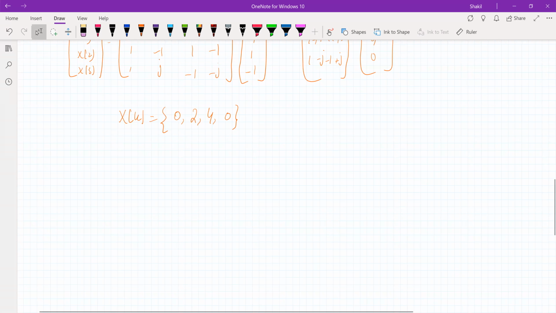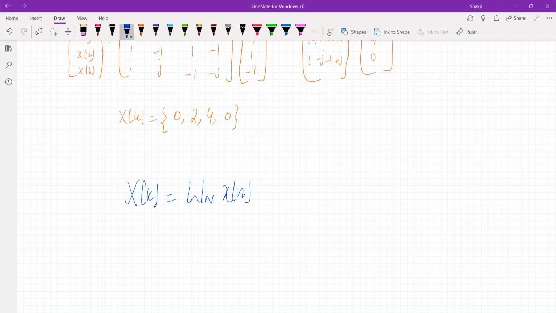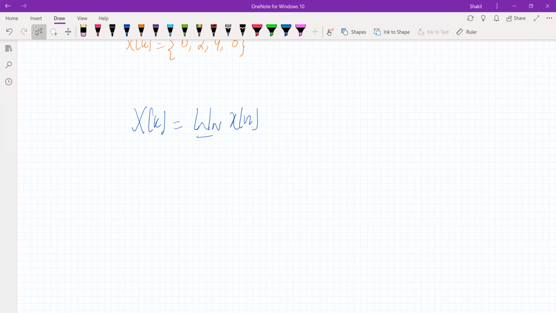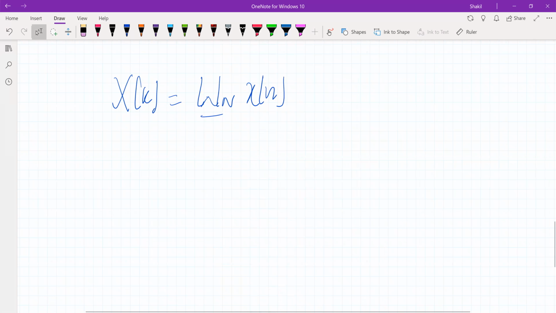So what we have got here, we said x of k is simply W_N times x of n. What's W_N? This is an array of terms, and in general, let me write the general expression of W_N for any order N. W_N is like this array. It will be W raised to the power 0, which is always 1.